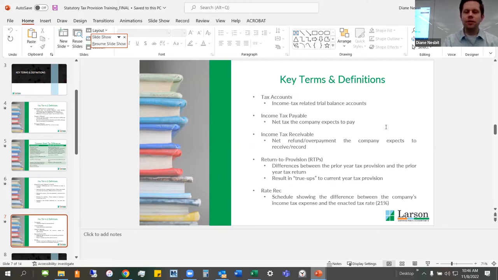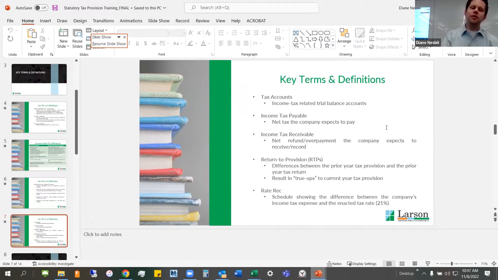Income tax payable is your net tax that you expect to pay, or income tax receivable is a net refund or overpayment that you expect to receive and want to record. And sometimes that will include your current amount, but it also could include a receivable you'll have from different carryovers and whatnot. So that can have a few different components.